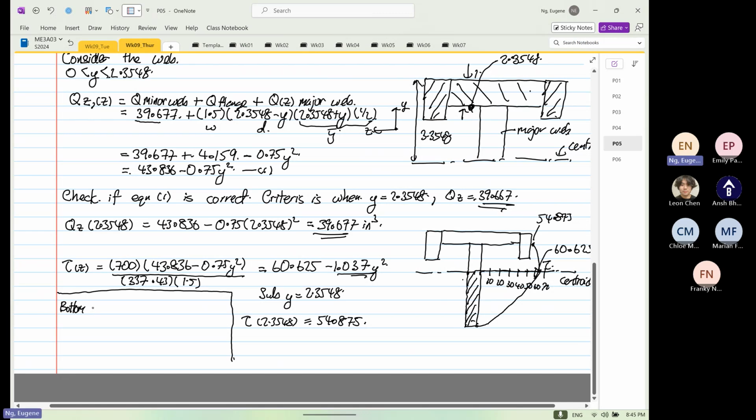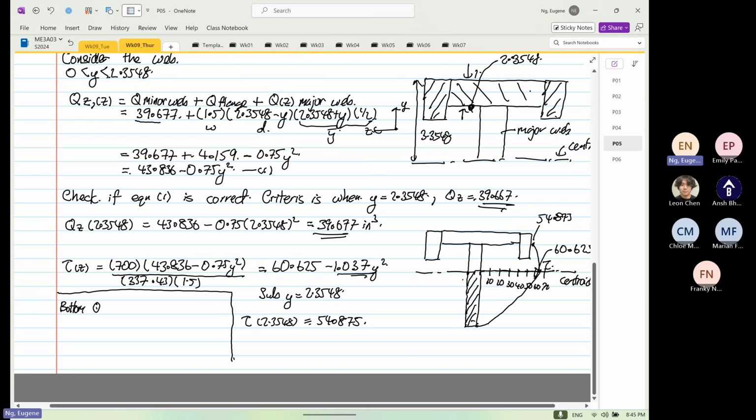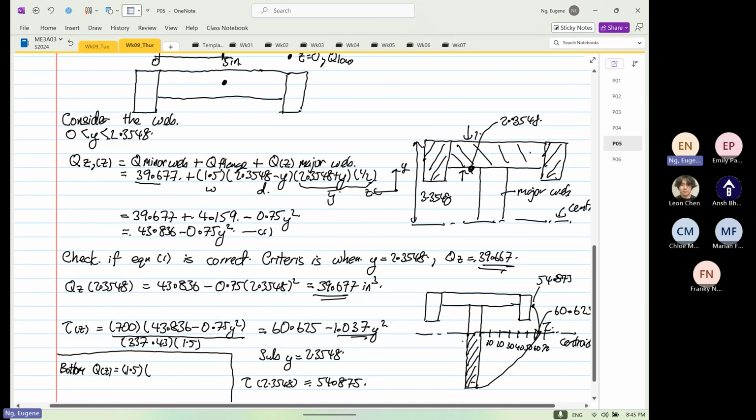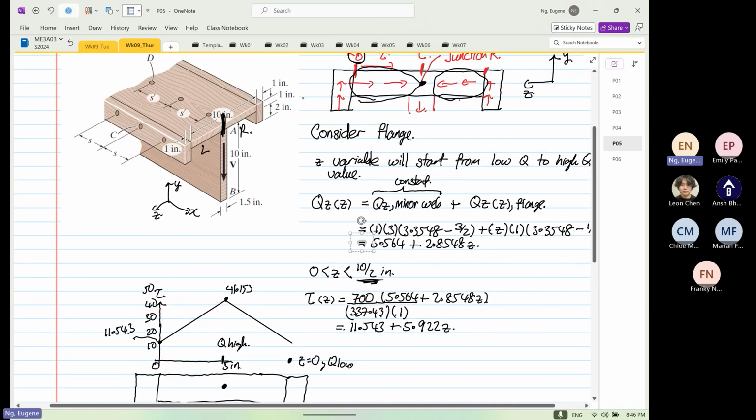So the width, right? For the bottom part, the Q as a function of y, the width is 1.5. And then the depth is equal to what? The entire length is what? Entire 10 plus 1, 11.